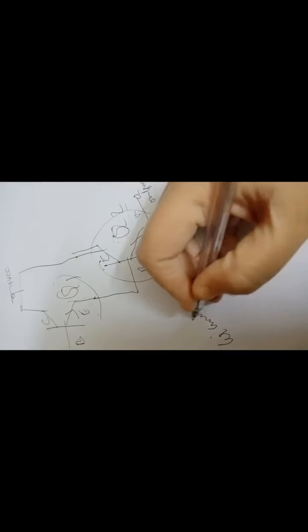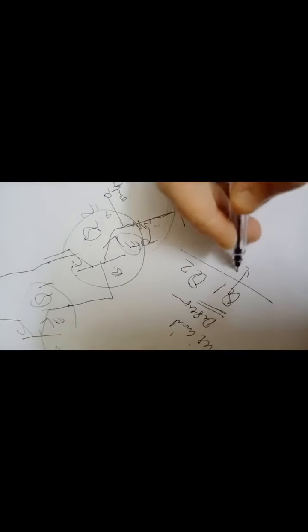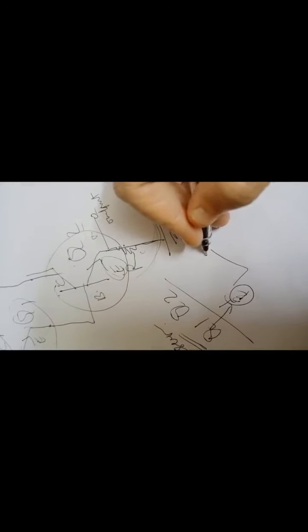Now we will be discussing the circuit description. In circuit description, simply mention that it consists of two transistors Q1 and Q2. The output of the first transistor, that is the emitter, is going as an input to the second.